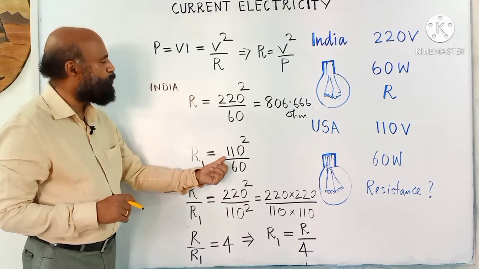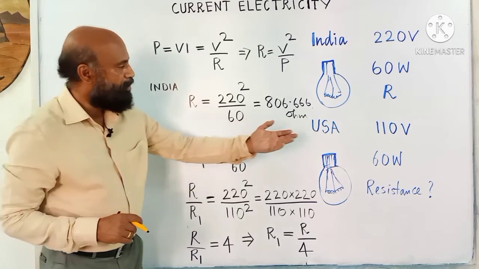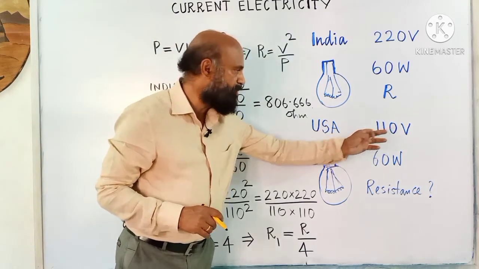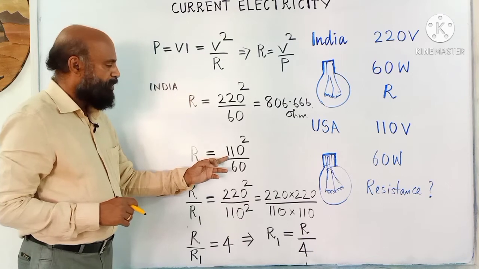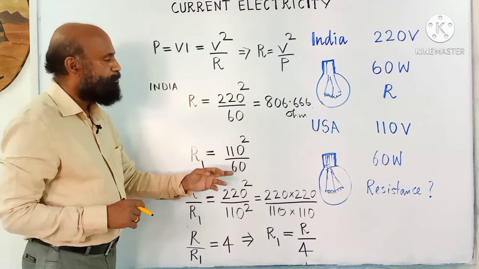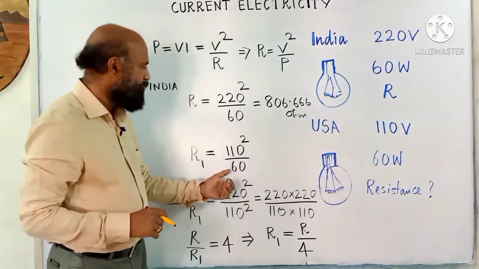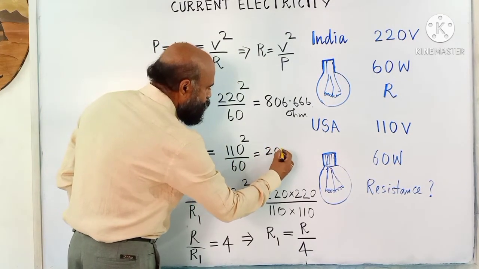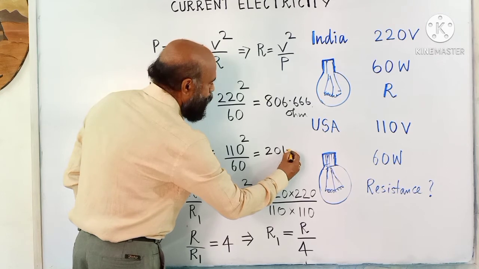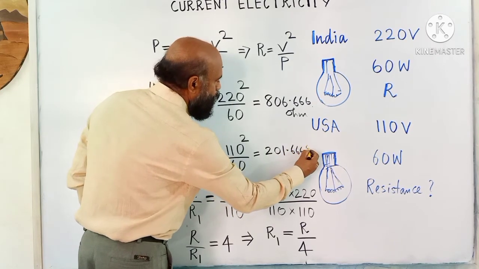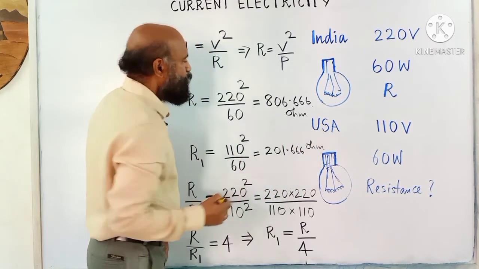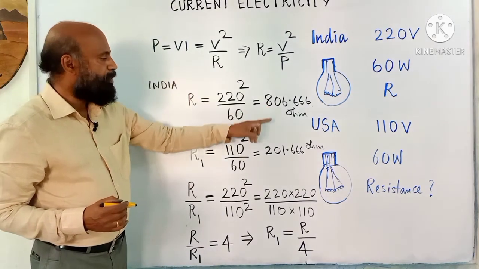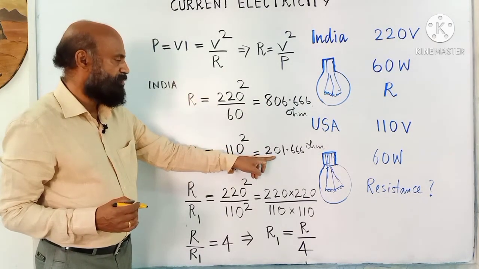So R1 is equal to 110 square, as power is supplied at 110 volt. So 110 square, power of the bulb is 60. So if you do this calculation, you will get 201.66 ohm. So you can see that this is 4 times this resistance.